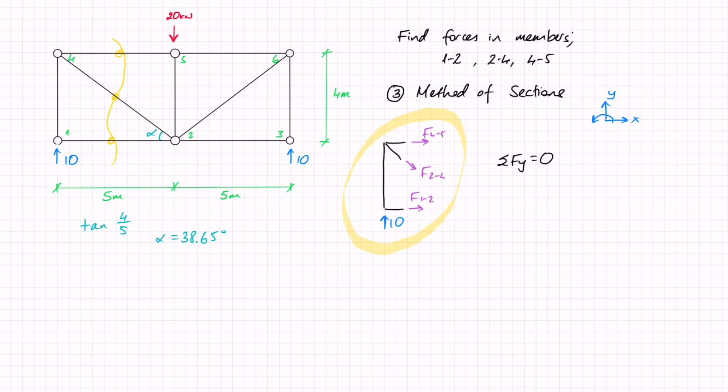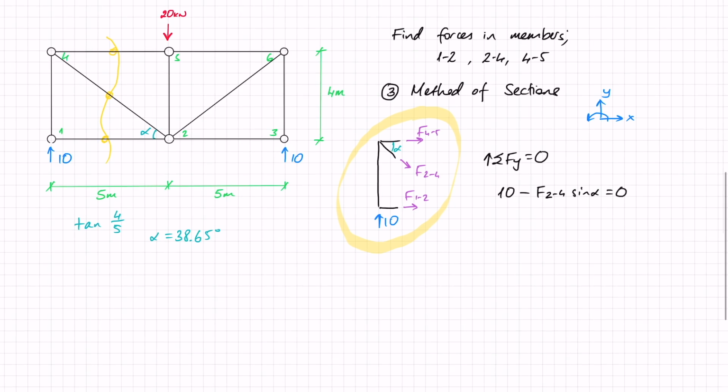I've got 10 in the positive direction, and I've got minus F24 sine alpha in the negative direction. Just a reminder that if that was alpha at the bottom, this is alpha here. So F24 is going to be 10 divided by sine alpha, and that works out as 16 kilonewtons.